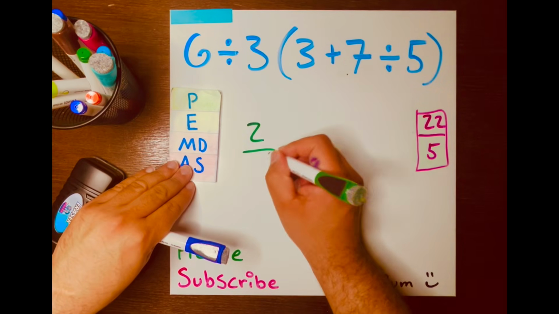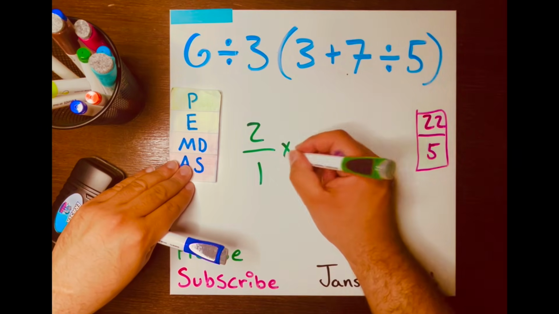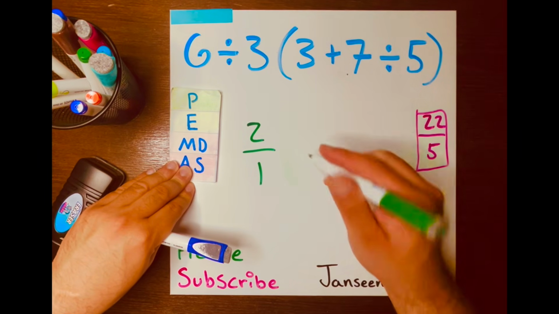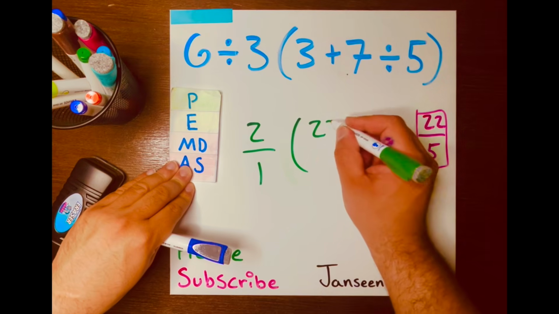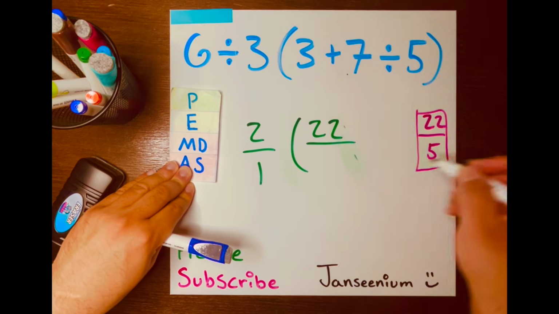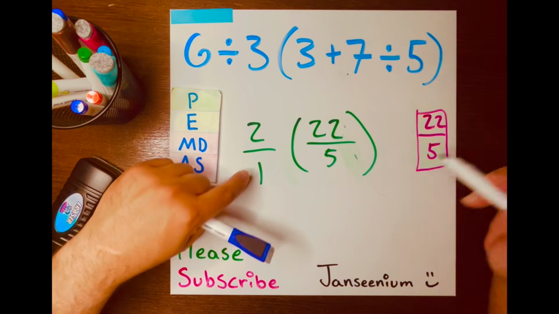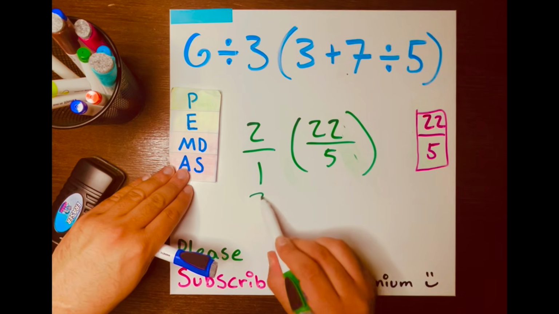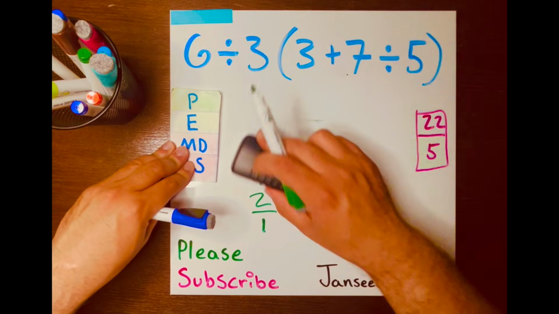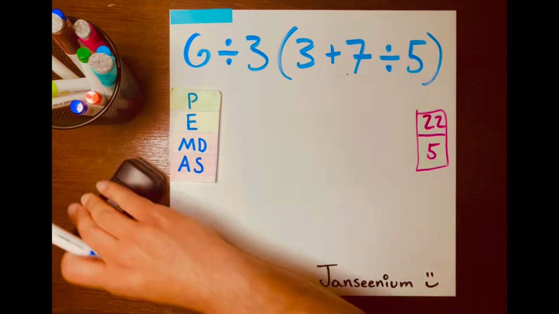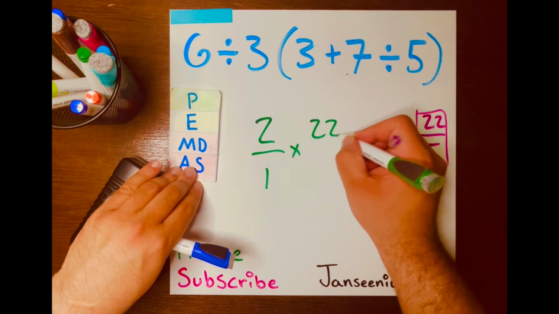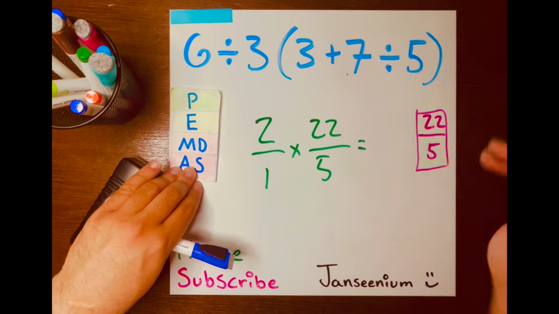So 2 over 1 times, right? Because we're keeping the parentheses, 22 over 5. So we're multiplying: 2 over 1 times 22 over 5.